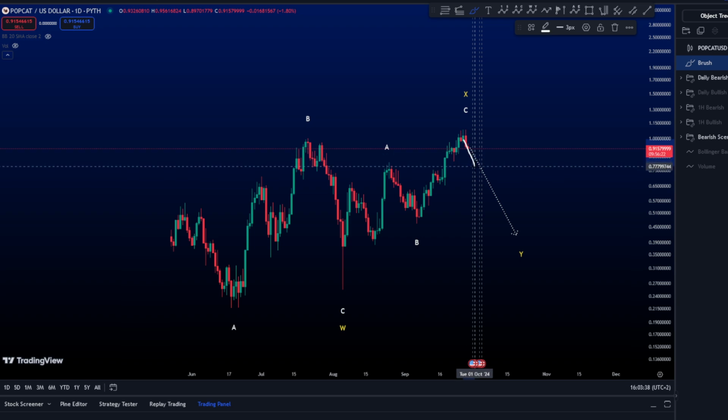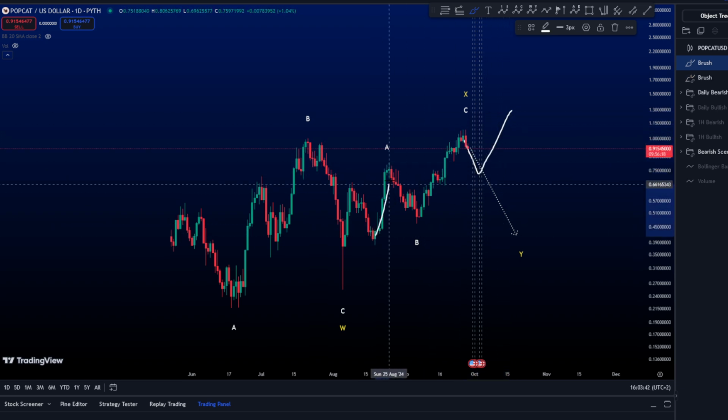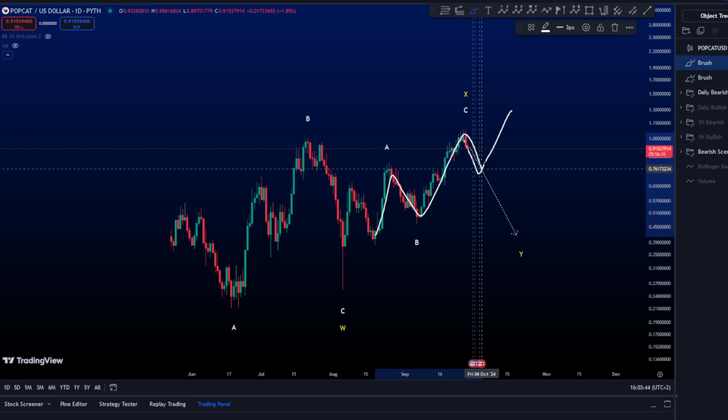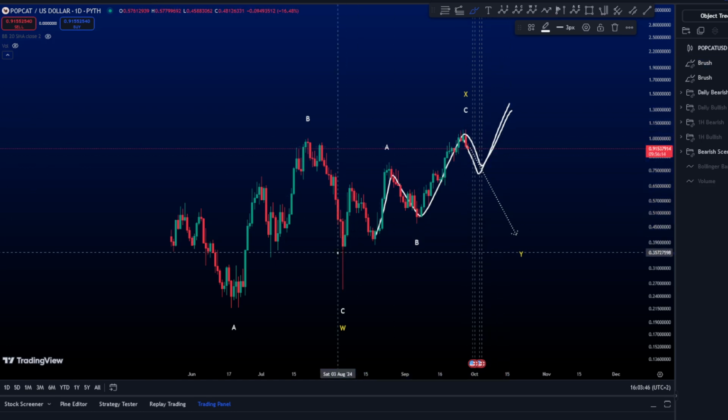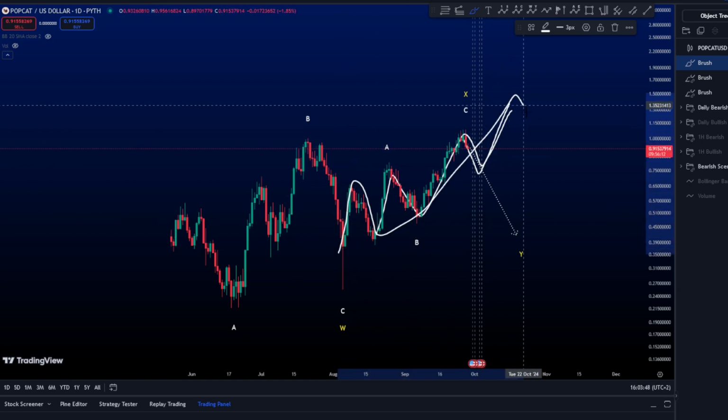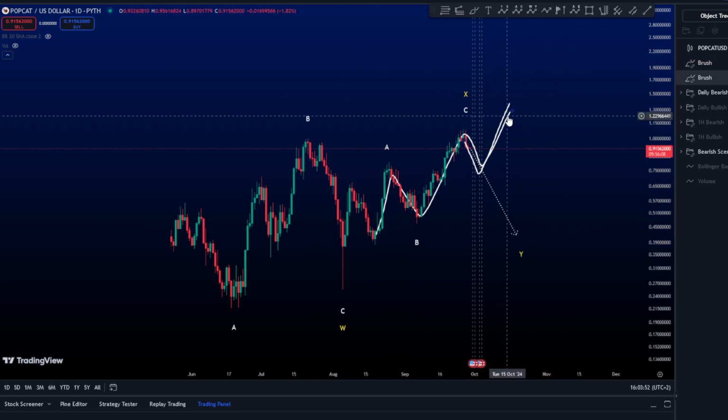Now, of course, the possibility is still there to finish as a diagonal here as 1, 2, 3, 4, 5. So the possibility is still bullish.